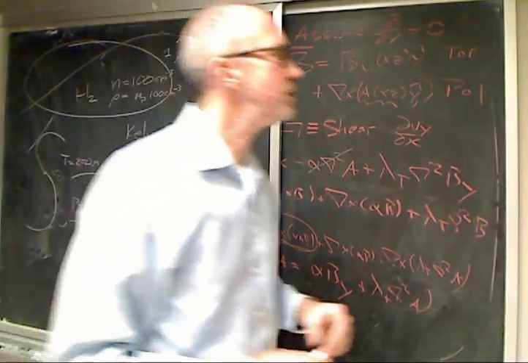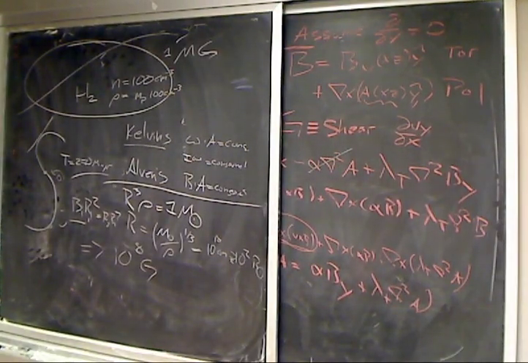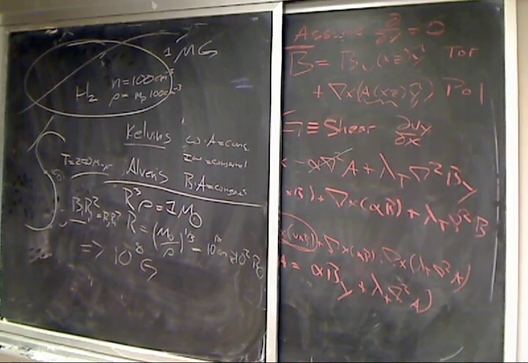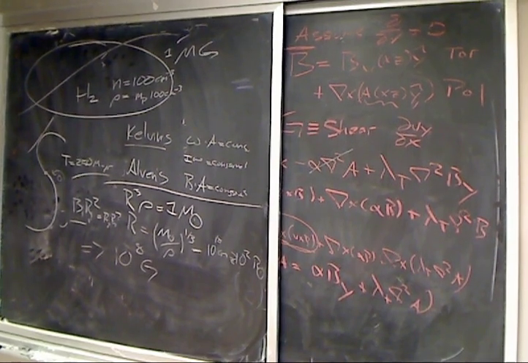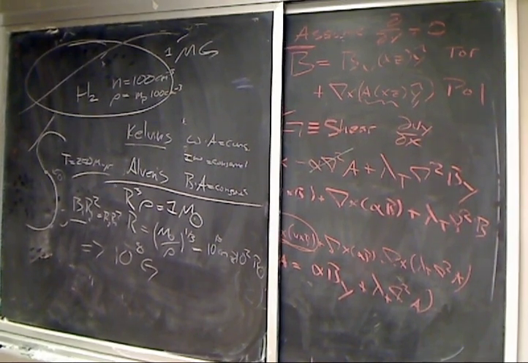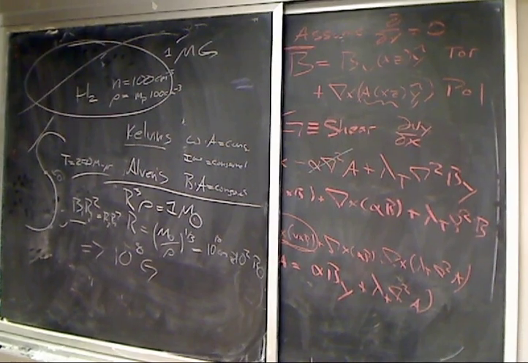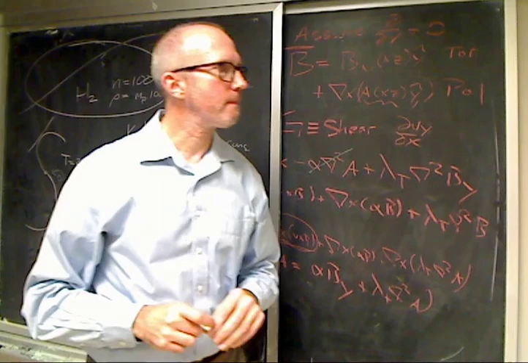Dispersion relations. So remember that V phase is omega over k, and V group is d omega dk. So remember those bits.